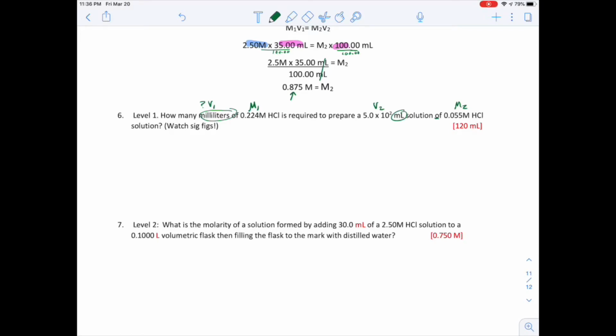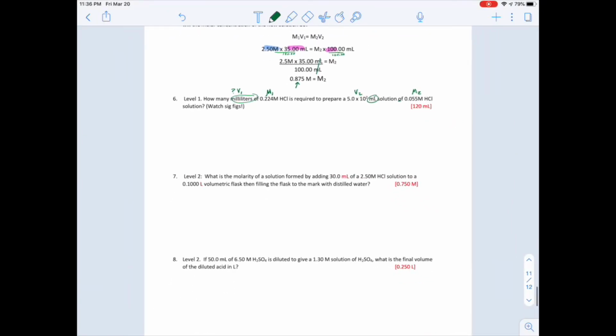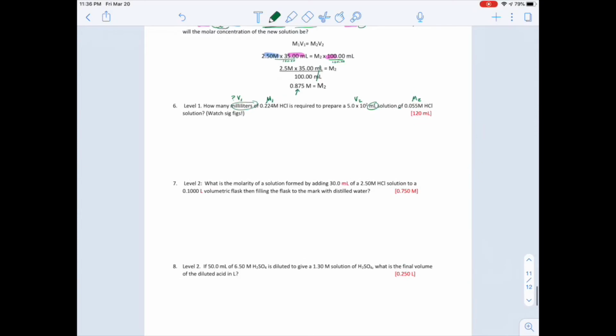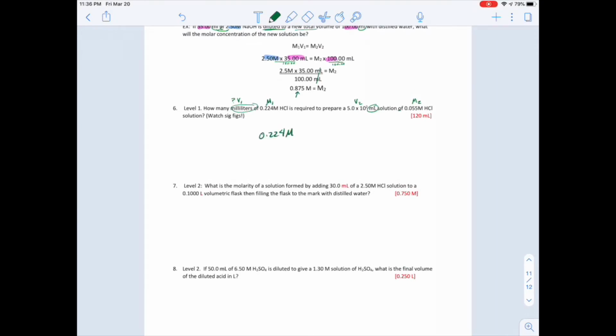That'll be good. So at this point, pause and solve these problems, and then log back on, or pause and then restart it so you can watch me work these 3 problems. So we got 0.224 molar, or molarity, times volume equals 5.0 times 10 to the 2 milliliters times 0.055 molarity.